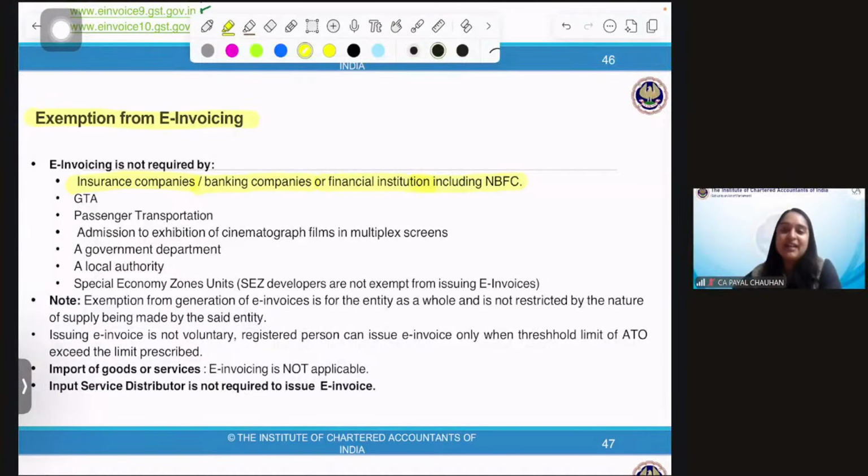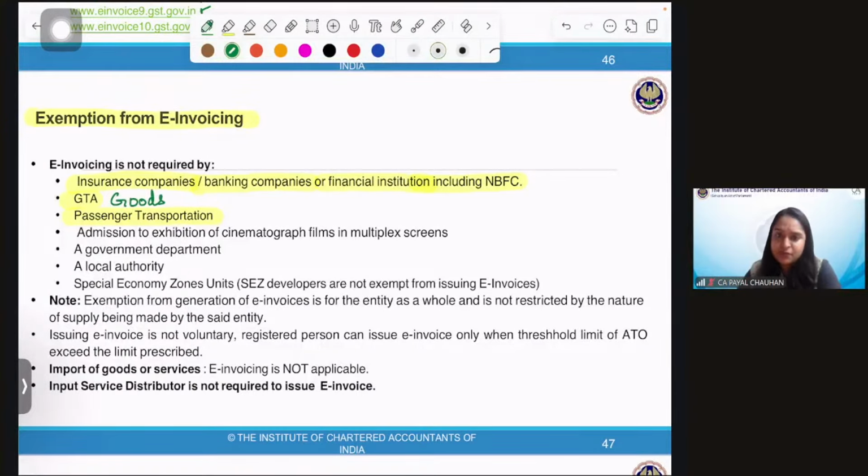Even if you are notified, you need not issue one. Yes, that means you have revised. Perfect. For GTA also, e-invoicing is not required. Passenger transportation also. Everyone remember? GTA means goods transport, don't get confused.